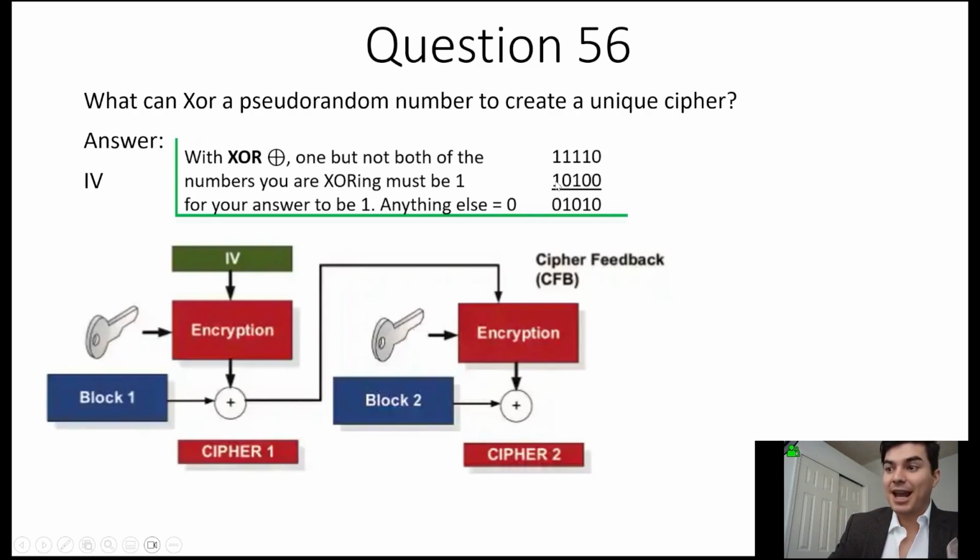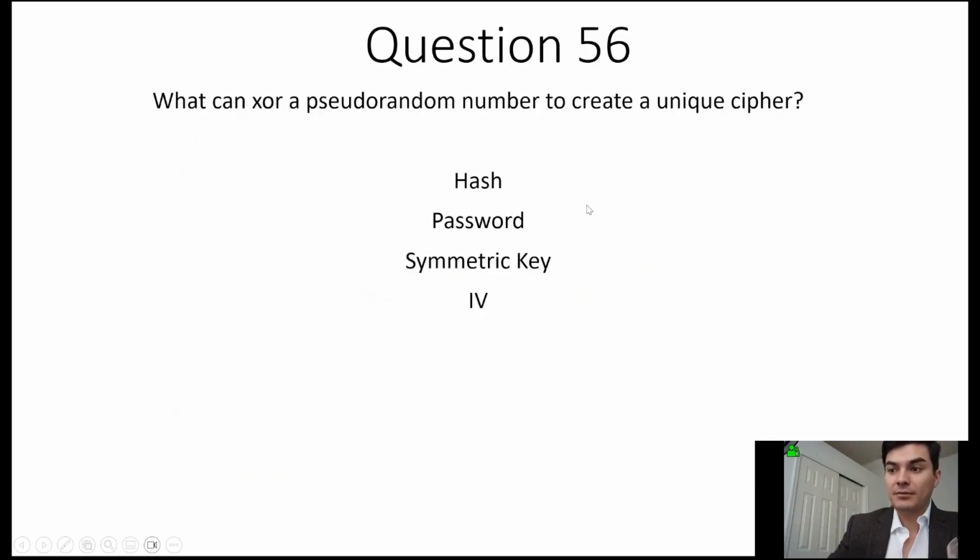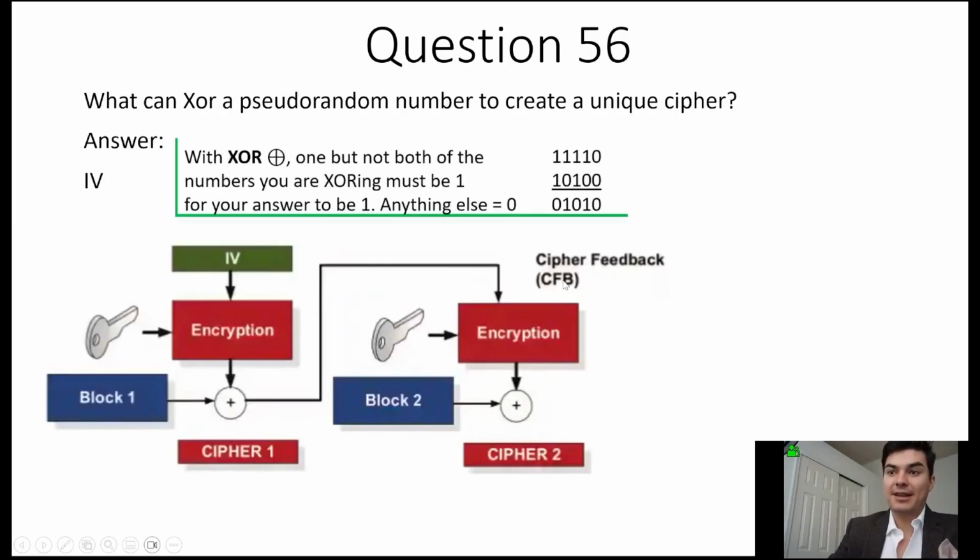Pretend this is the data, and then they're XORing it here with the initialization vector, the second line here, and this is a pseudo-random number, creating a unique cipher. We know it's not a hash, definitely not a password, and not a symmetric key. And so the answer has to be the initialization vector.